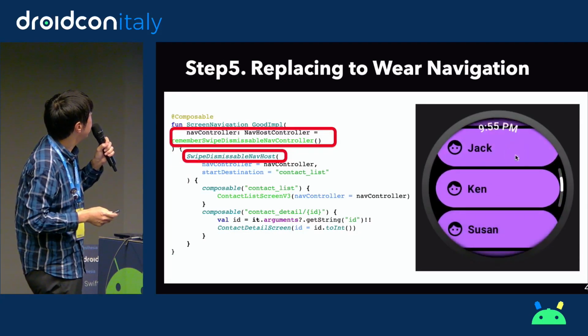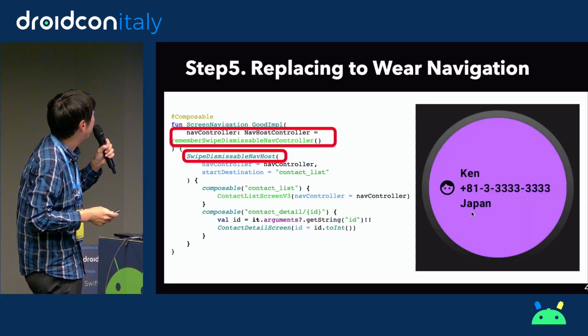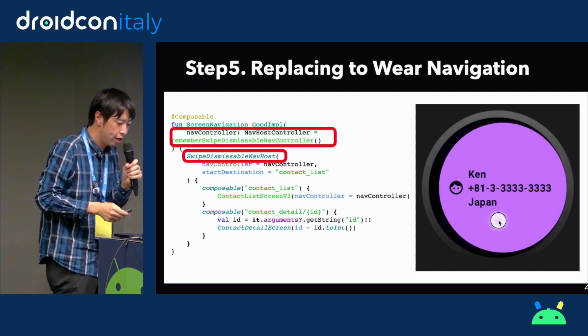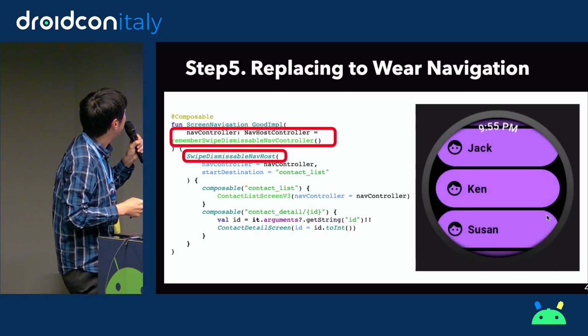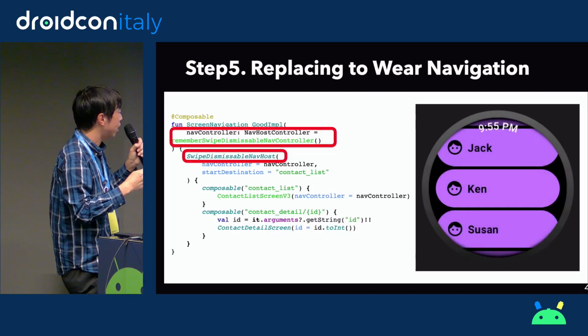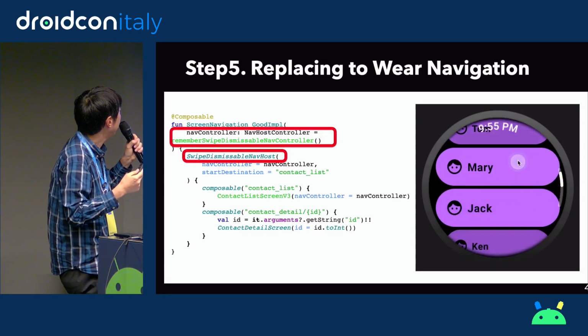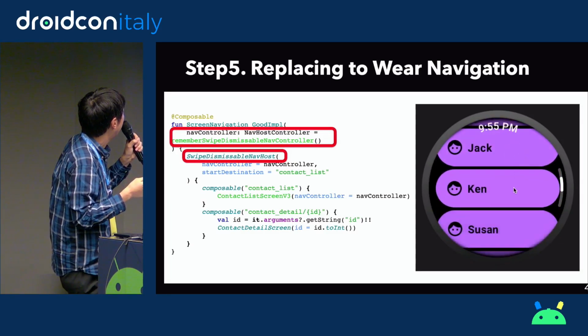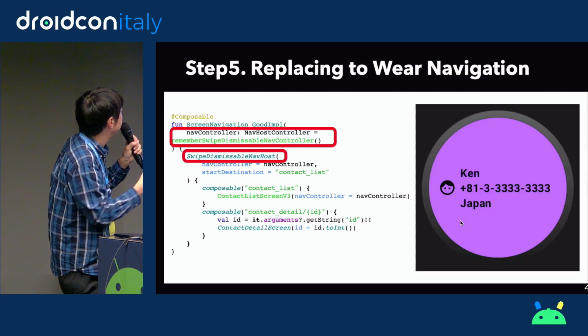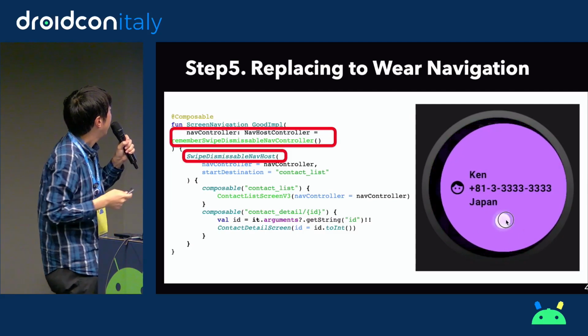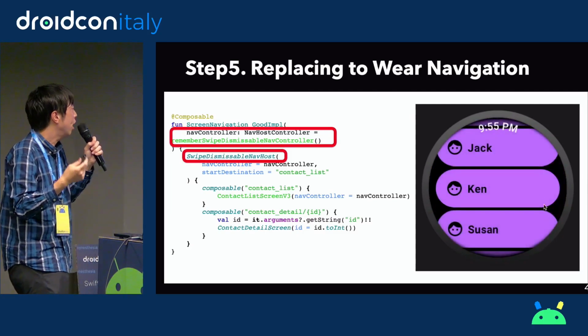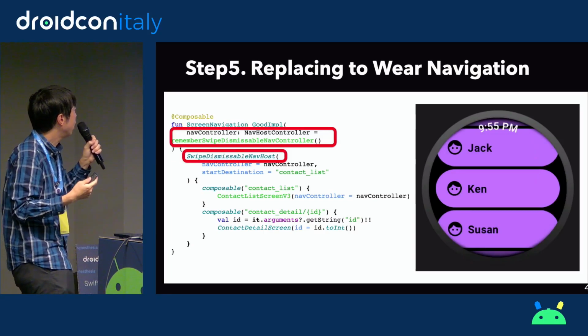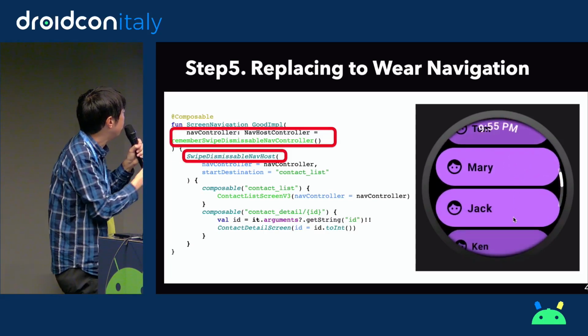Okay, this is the next code, the screen navigation function. Instead of the regular NavHostController, I should use rememberSwipeDismissableNavController. And instead of using NavHost, we should use SwipeDismissableNavHost.